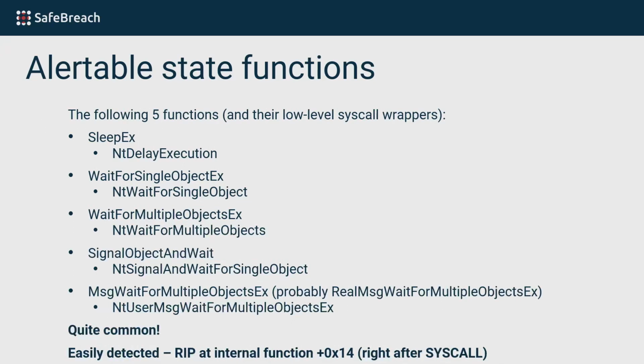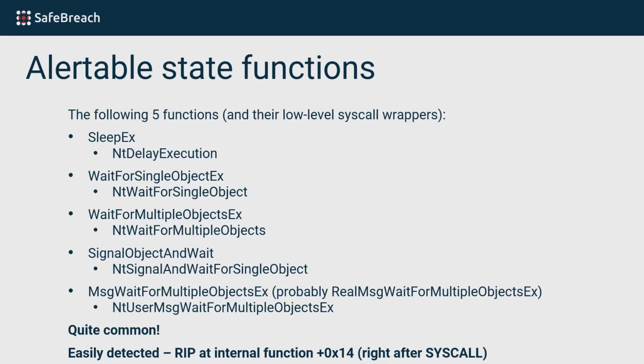If you think about it, any thread that waits for an object, waits for a signal, actually is in an alertable state. And also of importance here, and I don't think that this is documented elsewhere, it's quite easy to detect that a thread is in an alertable state, because all those internal functions in which the thread is parking will be at the function entry plus hex 14, which is the RIP right after the syscall.